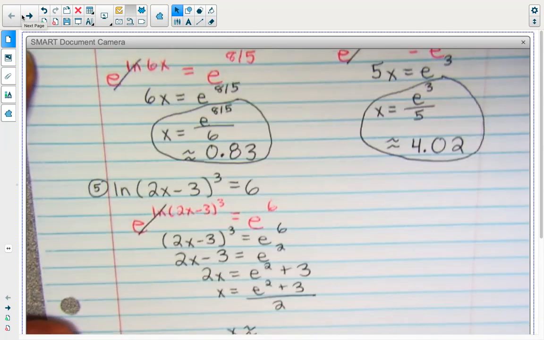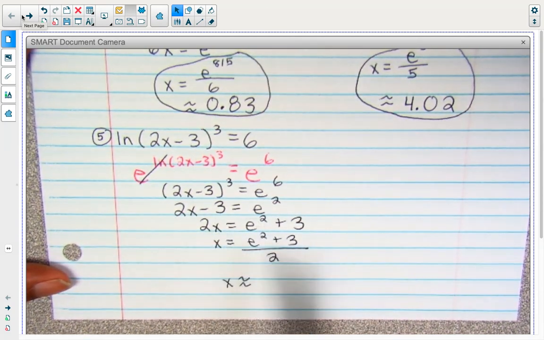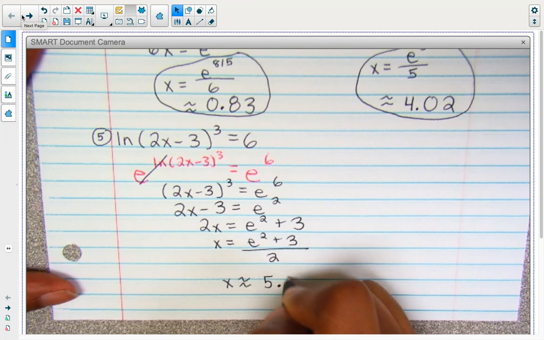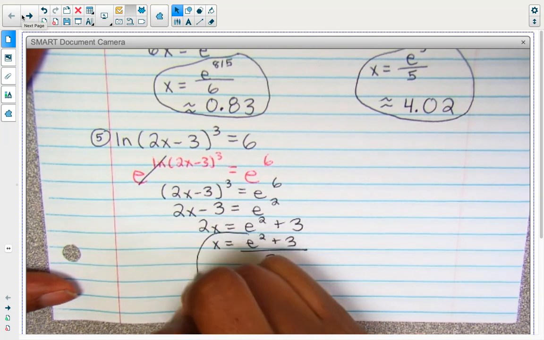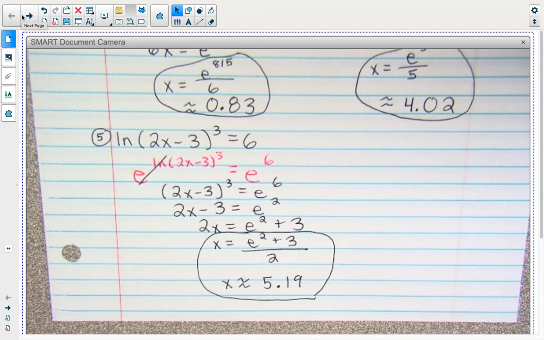Sorry there, let me slide up for you. So I added 3 to both sides and divided by 2. And when you type that into decimals, round it to the nearest hundredth, this is what you should get. So the exact answer would be e squared plus 3 divided by 2. And as an approximation, it'd be 5.19.